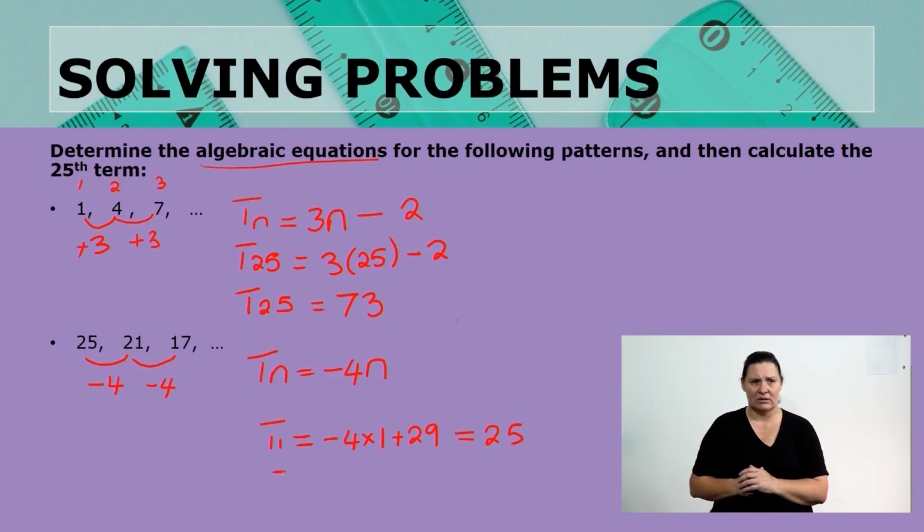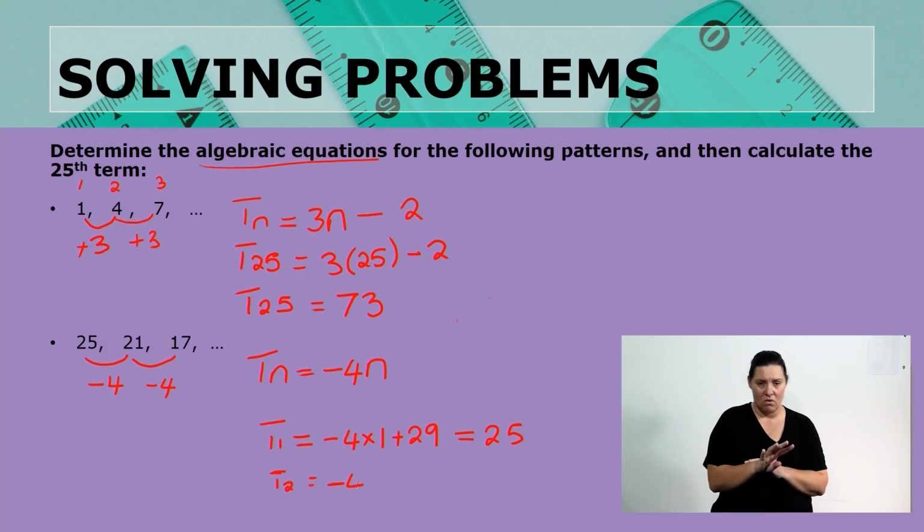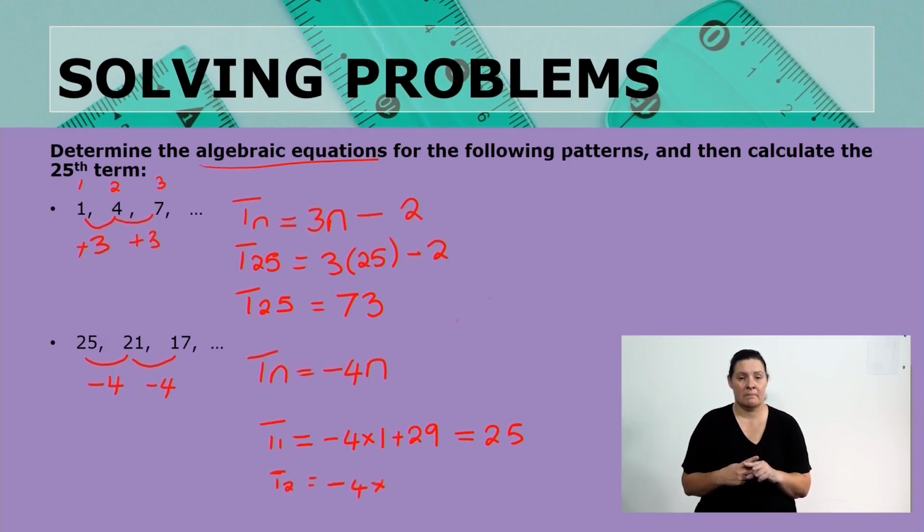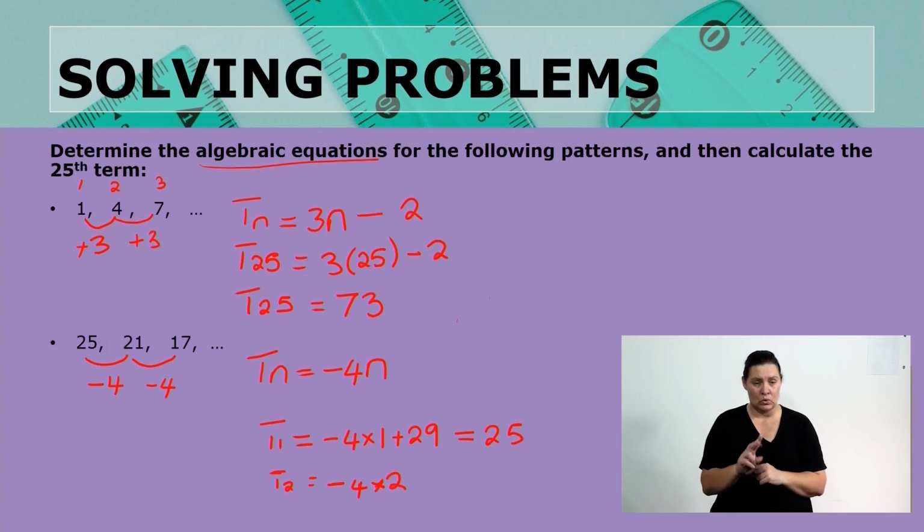Let's check with the second term if it will still be the same. So we are going to say negative 4, and we are going to multiply this by 2 because we are now looking at the second term, and then we need to get to 21. Again, what is negative 4 multiplied by 2?